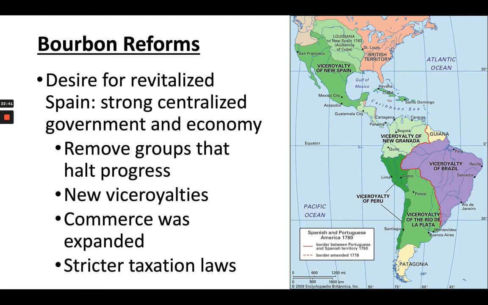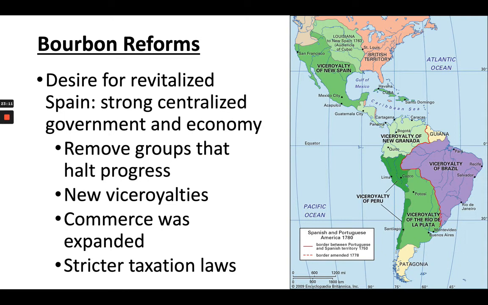So, under Philip of Anjou, right, the Bourbons want to reform Spain, make it actually functioning. So they launch a bunch of reforms to strengthen the economy and make the colonial governments more efficient. They desire for the American Indian populations to recover. They want more Spanish immigrants. They want to increase the slave trade.